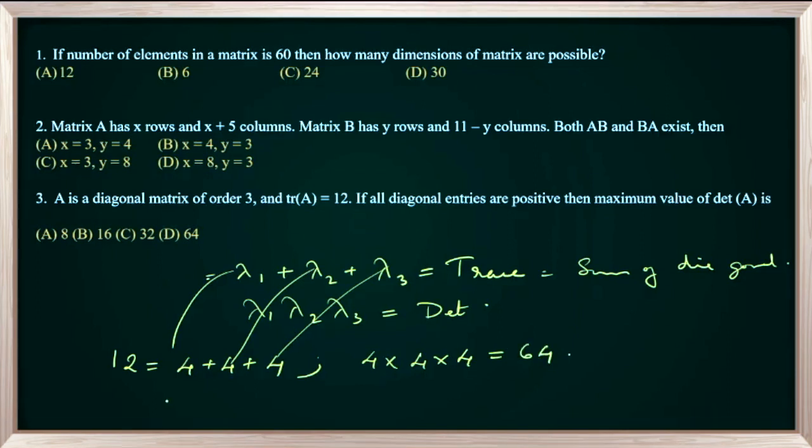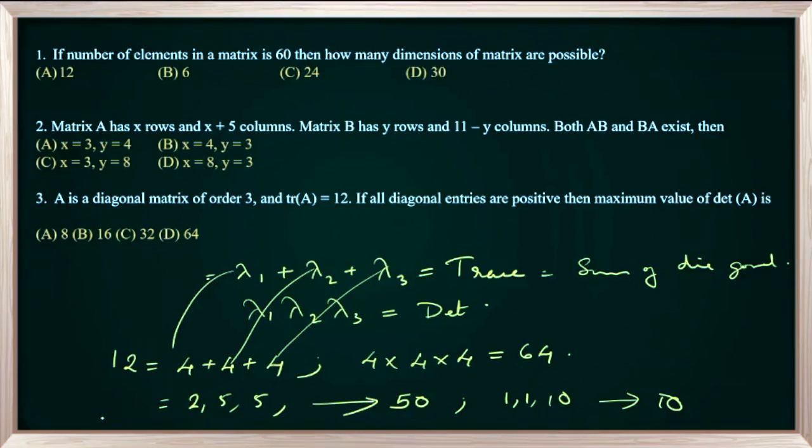Now you can think about some other combination. Suppose I take 2, 5 and 5. Naturally the product will be 25 into 2, which is 50, right? Suppose I take 1, 1 and 10, then the product is 10 only. So whenever you have the sum defined and the product is required to be maximum, the simple logic is that you should have equal values.